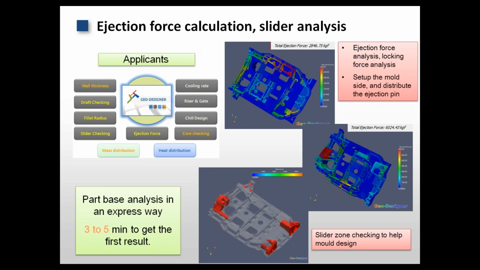Okay, and these are another 2 functions in Geo-Designer. The first one is about ejection force. The ejection force calculation is used for HPDC, those kinds of die casting industries.